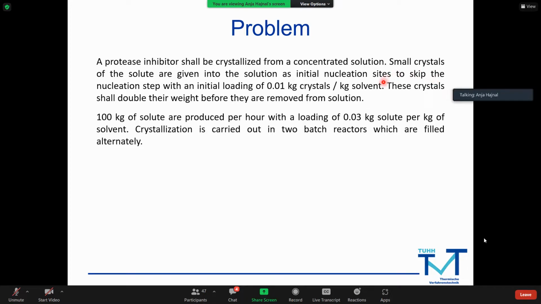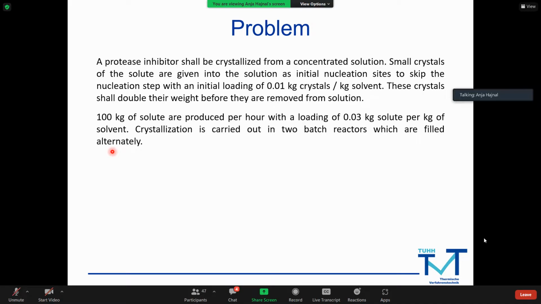And we need to double the weight of these crystals before we can remove them from the solution and take them as our product. We have 100 kilograms of solution per hour coming into our reactor system with a loading of 0.03 kilograms solid per kilogram of solvent. And we are carrying out the crystallization in 2 batch reactors, which are filled alternately, one after the other.